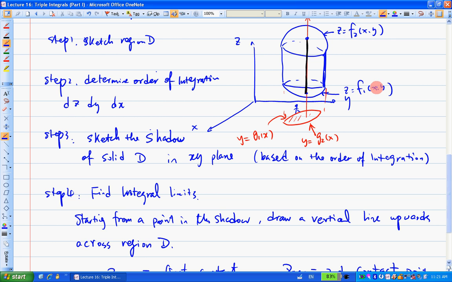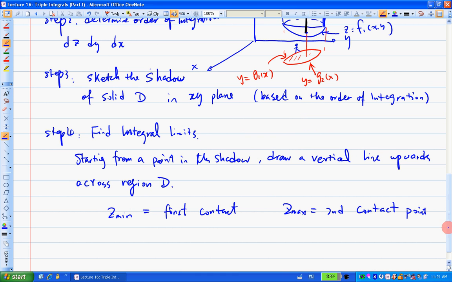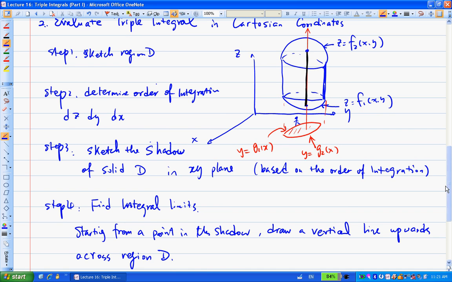The bottom surface function is this one here, which means my z min is f1 of x, y, and then z max is f2 of x, y. So that's your first and second contact, which is basically the min and the max of this line segment here.